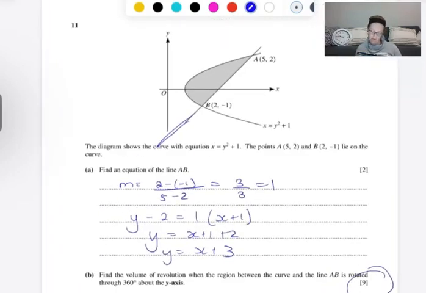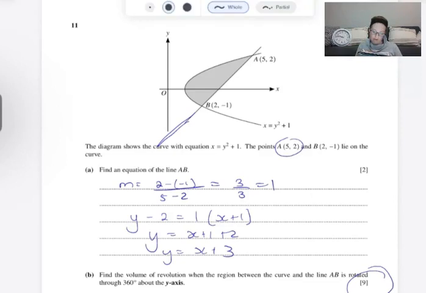Okay, so let me just double check. The gradient is equal to 1. That's quite likely. Okay, so y minus 2. Oh, do you see what I did? I plugged in the wrong value here. So if I'm using my y value as 2, my x is going to be 5. Okay, hold on.